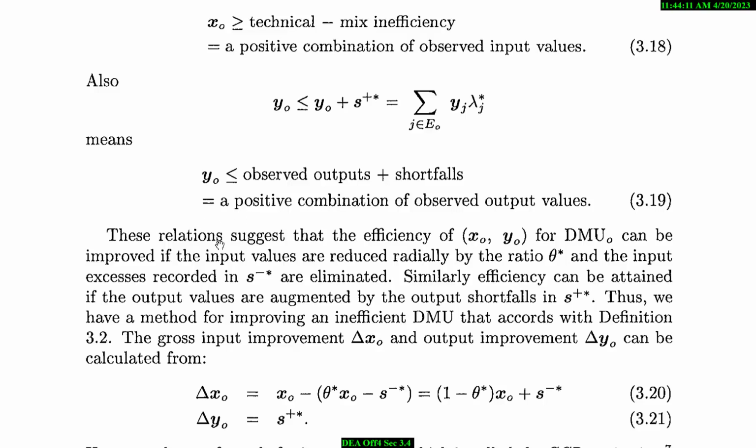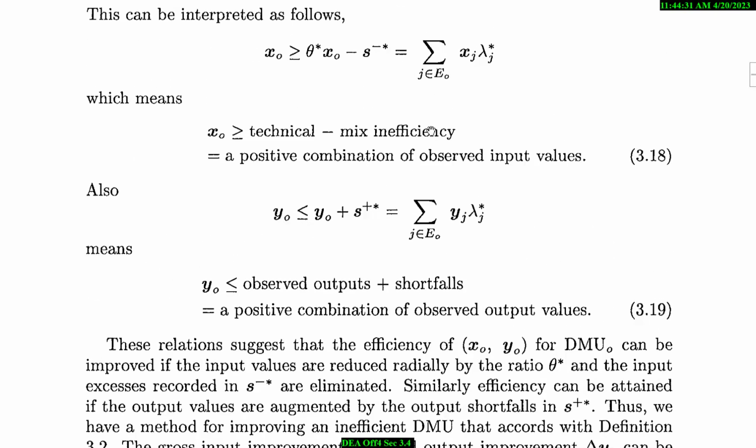These relations suggest that the efficiency of DMUO, indeed XO and YO for DMUO, can be improved if the input values are reduced radially by the ratio theta star.